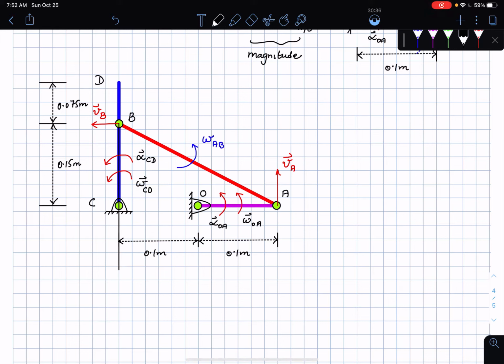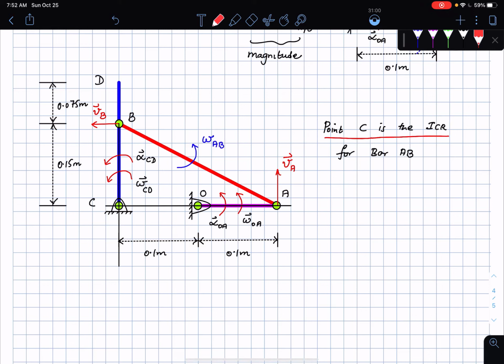So here is one line, and here is the other line, and the intersection of these two is actually the point C, which means point C is the ICR for me. So point C, as you can see here, is the ICR for bar AB. That is an important thing.